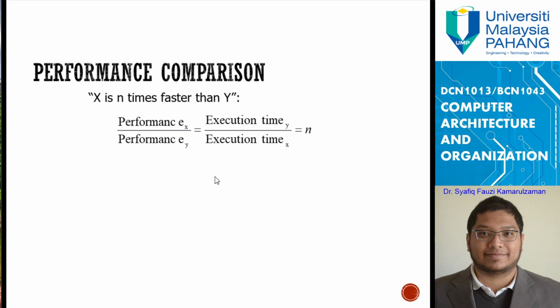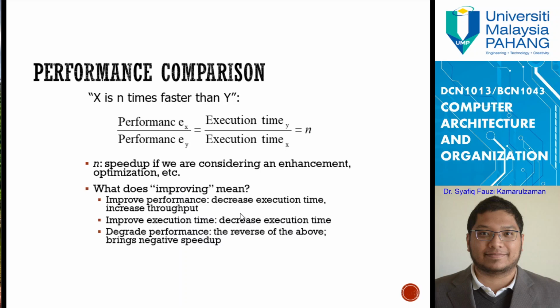So when you look at the speedup, n is basically the speedup if we are considering an enhancement or optimization for PC Y, where you create a new PC X. So what does improving mean? Improving performance means decreasing execution time or increasing throughput, or even increasing throughput without influencing the execution time.